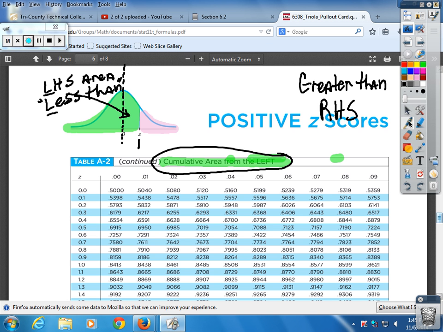Y'all did good. So the right-hand side is equal to 1 minus the what? Left-hand side.